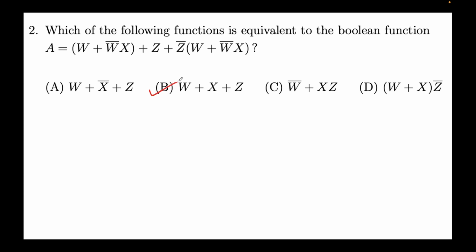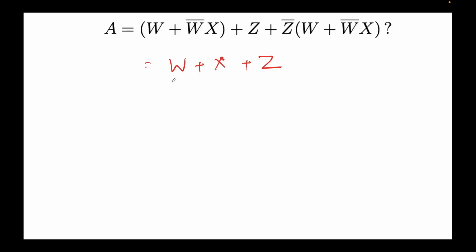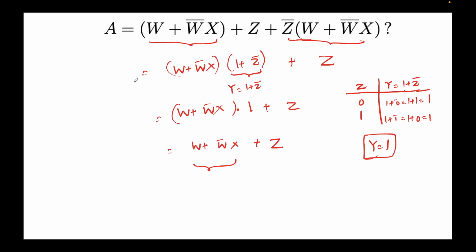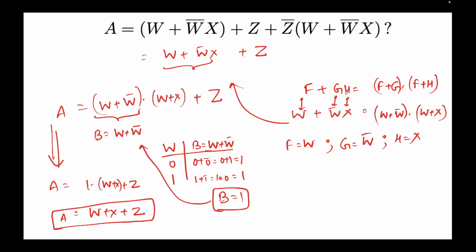In this, let me go back to this slide to summarize. First we saw that this term is repeating. So I took this term common, and when we solved this term, 1 plus z bar comes out to be nothing but 1, right? And this is the expression that we came to, w plus w bar x plus z. And then I saw these first two terms, and we applied the function that f plus gh is nothing but f plus g times f plus h.